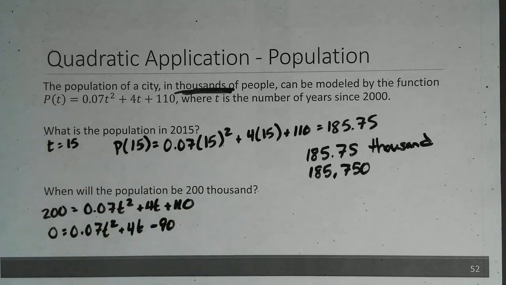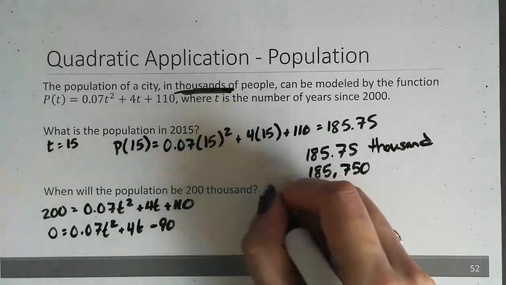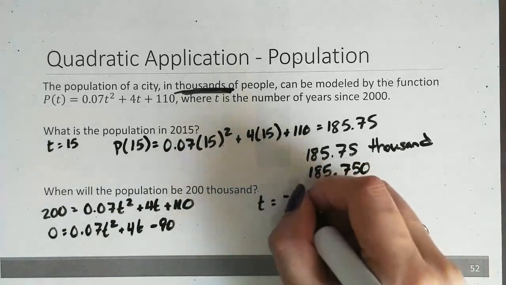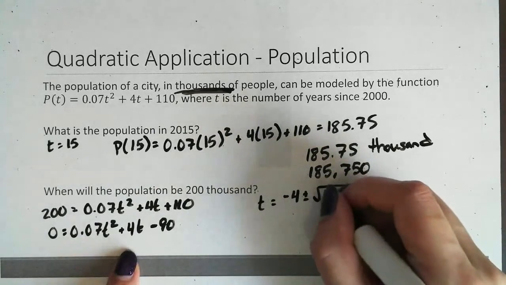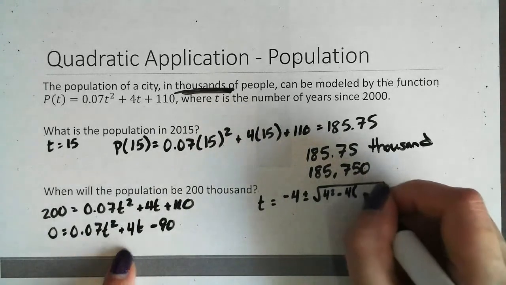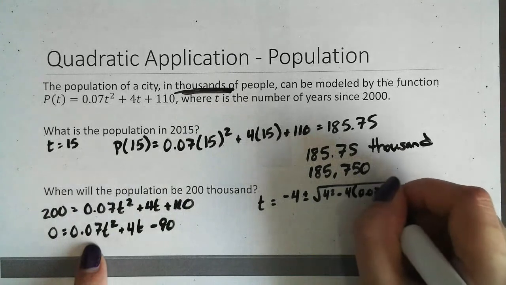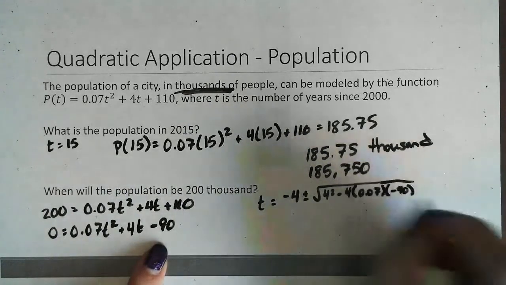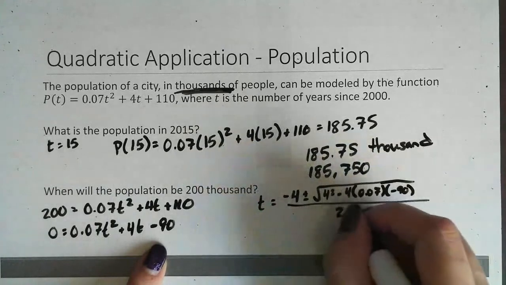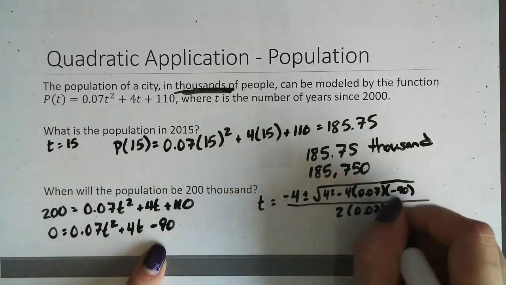Now I could try to factor that, but it does not look pretty. I don't think that's a good idea. So let's go ahead and try the quadratic formula. We'll have t is equal to -4 plus or minus the square root of 4 squared minus 4 times 0.07 times -90, all over 2 times 0.07.